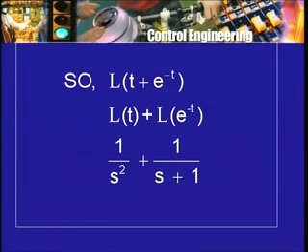The Laplace transform of e to the minus t is given by 1 divided by s plus 1, again for certain complex numbers s, and for those complex numbers for which this holds and this holds, the Laplace transform of the sum is given by the expression 1 over s squared plus 1 over s plus 1. So if you know the Laplace transform of two functions, you can immediately state what the Laplace transform of their sum is going to be. This is the property of additivity.